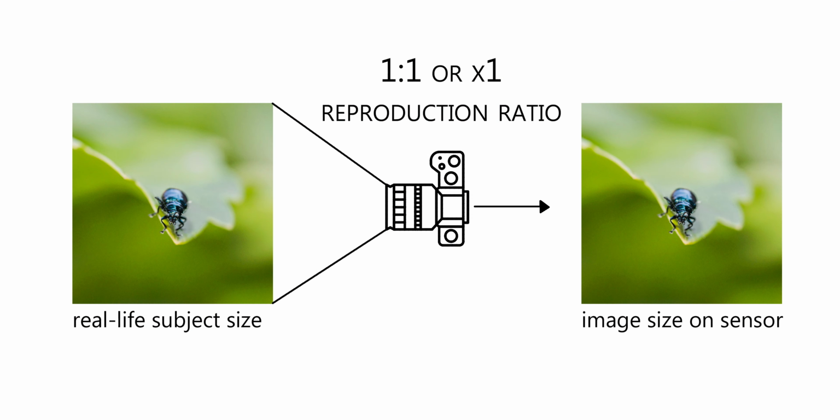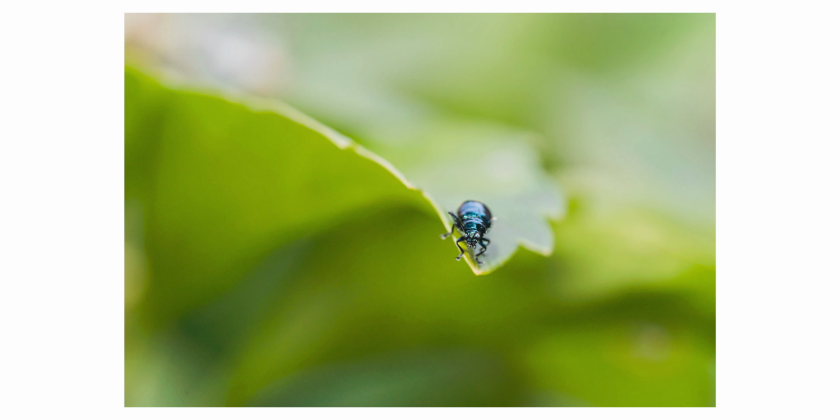The reason it's so important though is because even though a manufacturer might label a lens as a macro lens or having macro functionality, it doesn't mean it's a true macro lens. A true macro lens has a reproduction ratio of 1, meaning that when it takes a picture of a subject, it's able to reproduce that subject the exact same size as it is in real life on the camera sensor, which means you can blow it up very large.